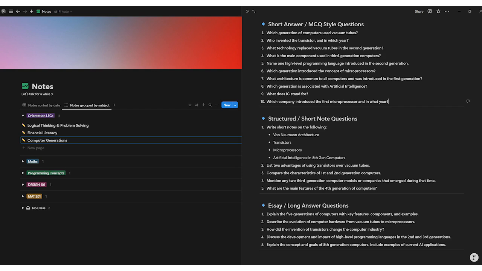So we move on to the next thing, which is transistors. Write a short note. What am I going to say about transistors? I guess transistors were used in the second generation, and that's all I got.